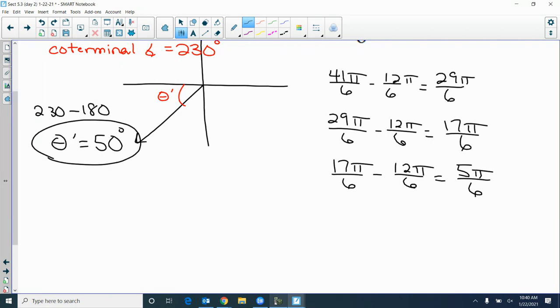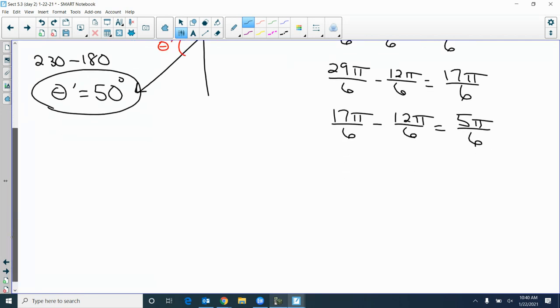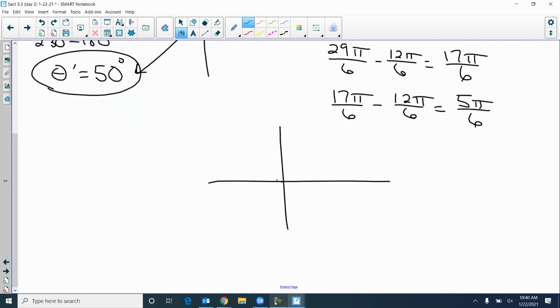That's my coterminal angle. What quadrant are we in? Okay, cool. Quadrant 2, because it's between a half and 1. So that's going to be in quadrant 2. Okay, right there.